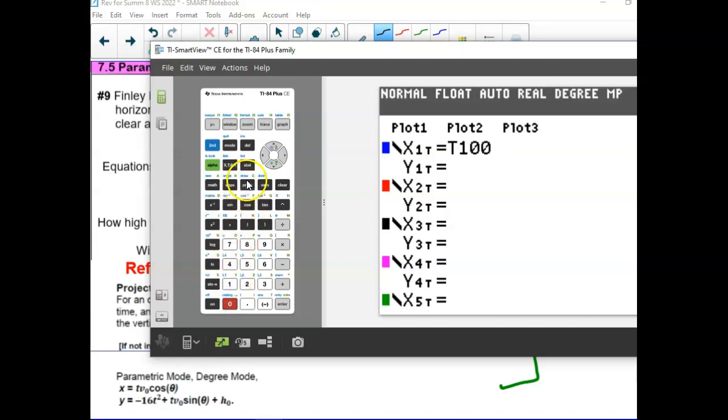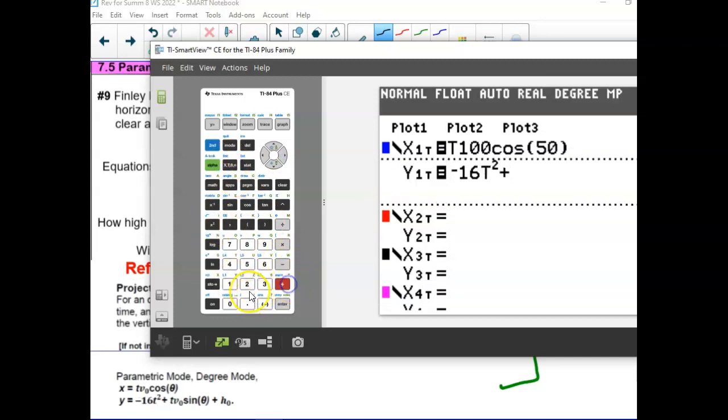Am I remembering the right numbers, guys? Thank you. And then down here, negative 16 t squared plus t. Don't forget that second t. 100 sine 50, close parenthesis, plus 2.